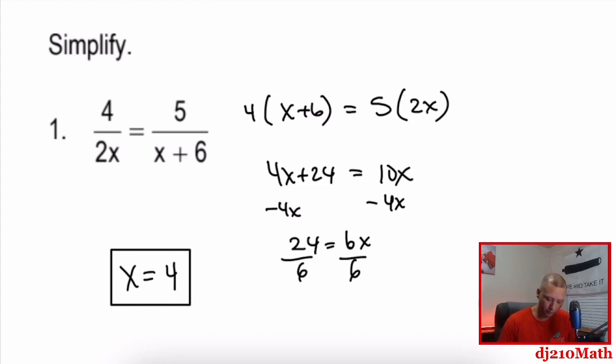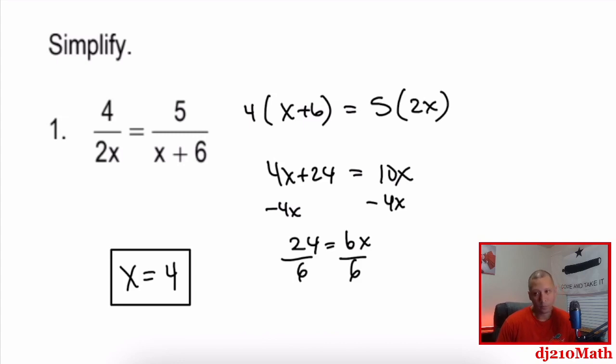Because division by 0 is bad. It's undefined, right? So 2 times 4 is 8. That's different from 0, so we're good. And then 4 plus 6 is 10, which is, again, not 0, so we're good.